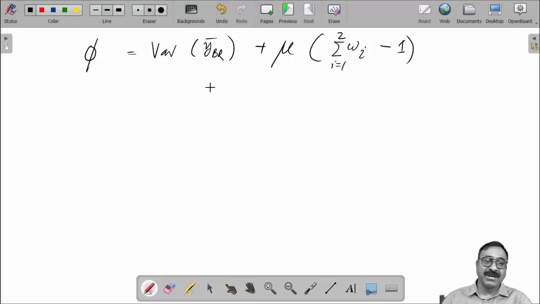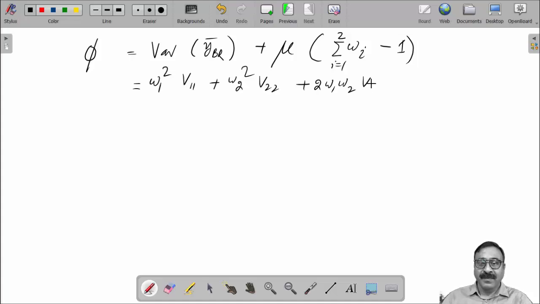Mu is the Lagrange's multiplier, because we have to minimize this subject to the condition summation i equal to 1 to 2 Wi equal to 1, that is W1 plus W2 equal to 1. So this will be equal to W1 square V11 plus W2 square V22 plus 2 W1 W2 V12 plus mu (W1 plus W2 minus 1).